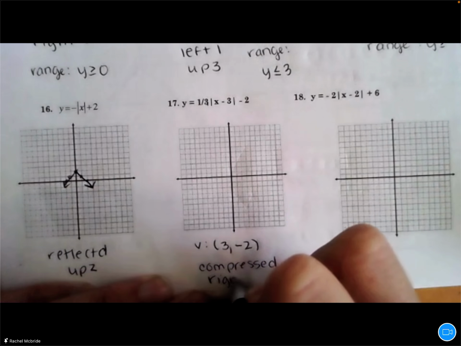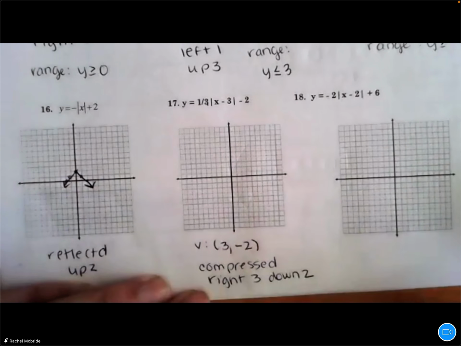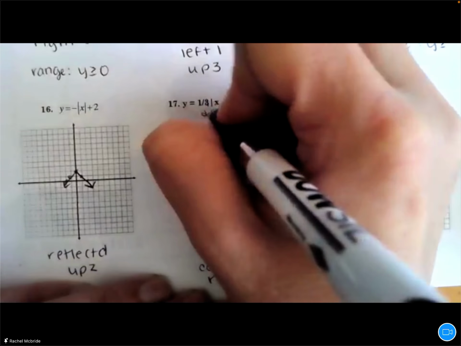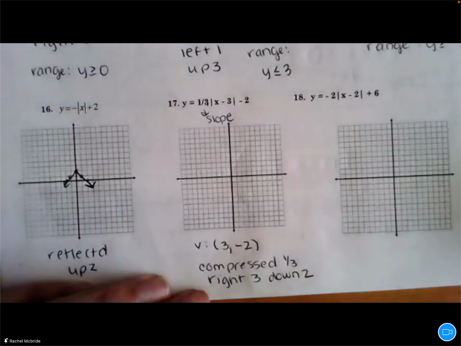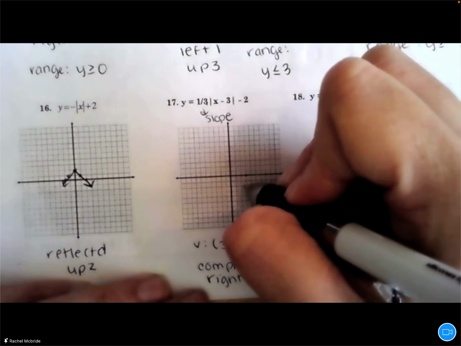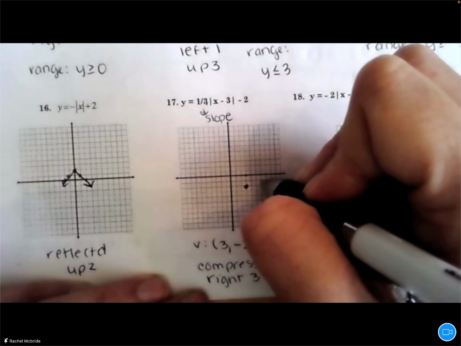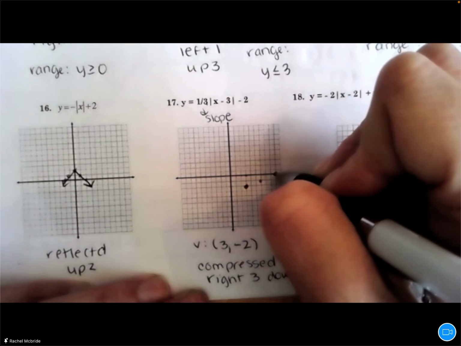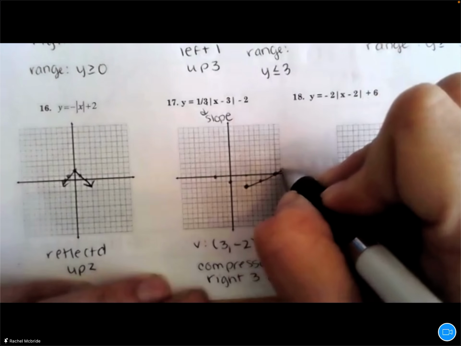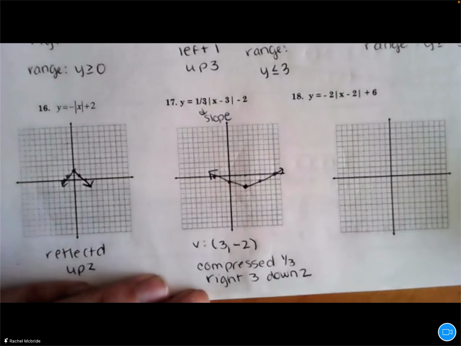It is right 3 and down 2. So remember the compressed by 1/3, that 1/3 actually represents my slope as well. So we're going to start at 3, negative 2. And then we're going to go up 1 and over 3.